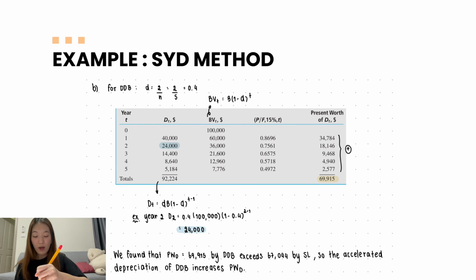We use this formula for this rule. When we get the PWD value, we know that the PWD for the DDB method is equal to 69,915, and for the SL method it is 67,044. So we can conclude that the accelerated depreciation of DDB increases PWD.